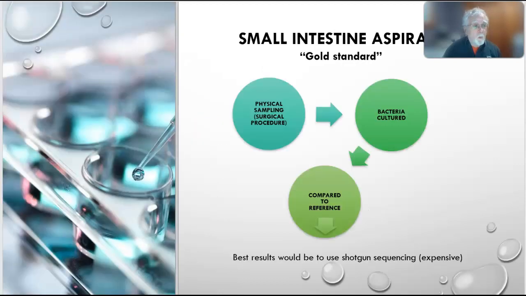Now, when we go over to the small intestinal aspirate, the gold standard according to Mayo Labs and others, it's basically a physical sampling of the small intestine. Getting there is a bit of fun, with several ways of doing it. The bacteria is obtained. In some cases, the only thing they do is count the bacterial density to confirm you have SIBO, or overgrowth.